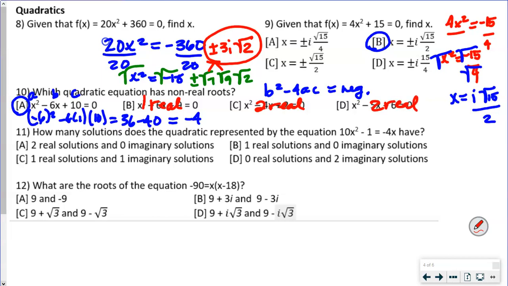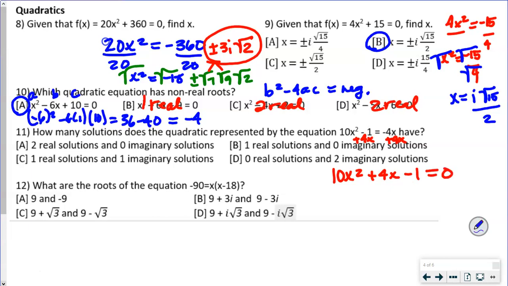The next one says, how many solutions does the quadratic represented by the equation 10x squared minus 1 equals negative 4x have? So the first thing we have to do is move all of these terms to one side. So we're going to do 10x squared plus 4x, because we're going to add this to both sides, y'all, minus 1 equals 0.